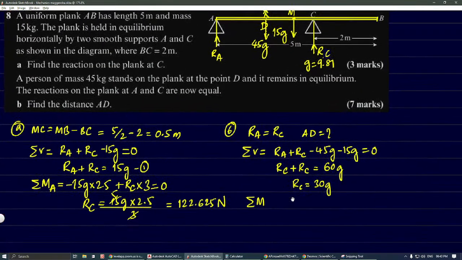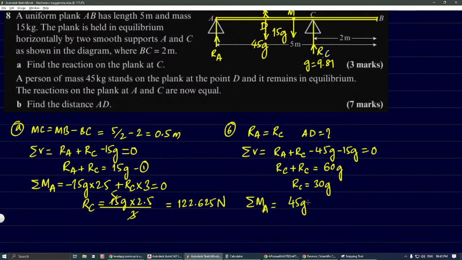Moment about which point? Moment about A. So 45g, distance is X. This is clockwise. And then we have 15g, and the distance is half of 5 now. This is also clockwise, so minus.